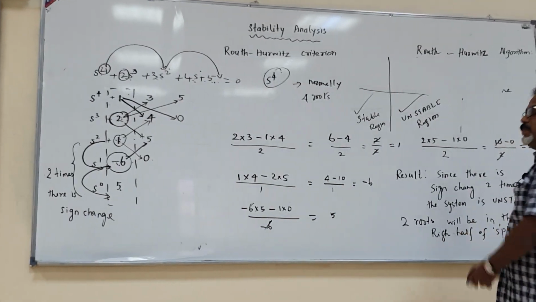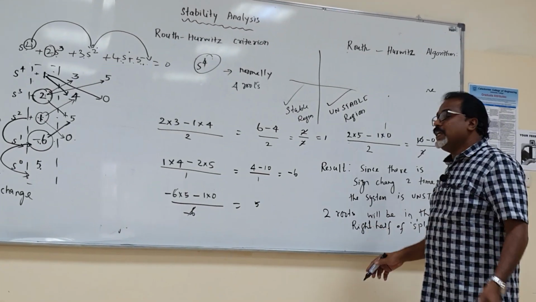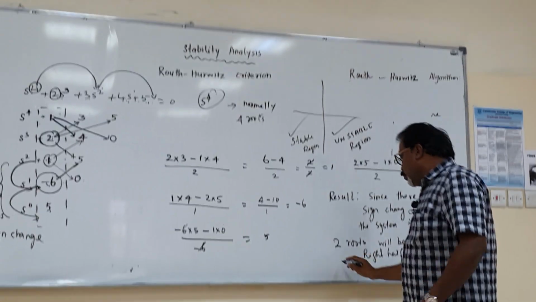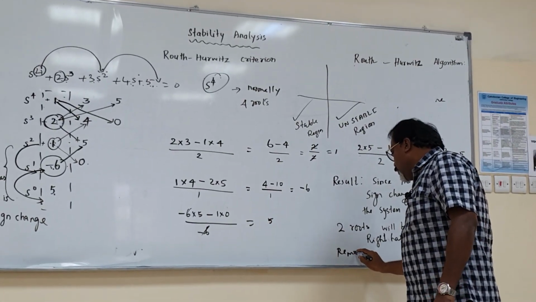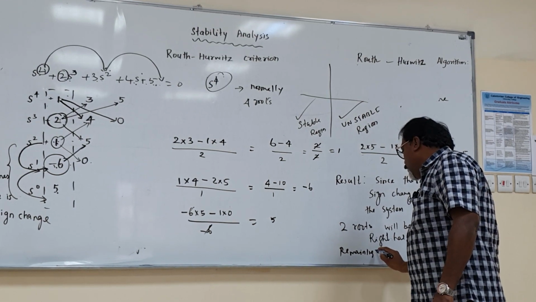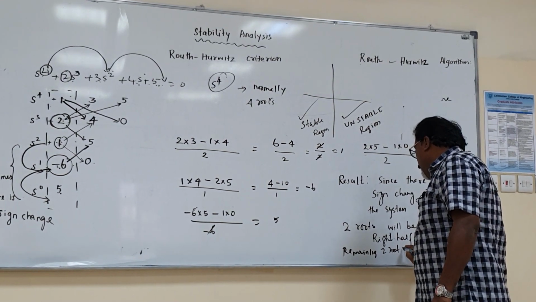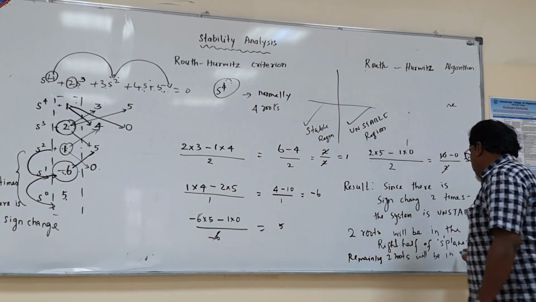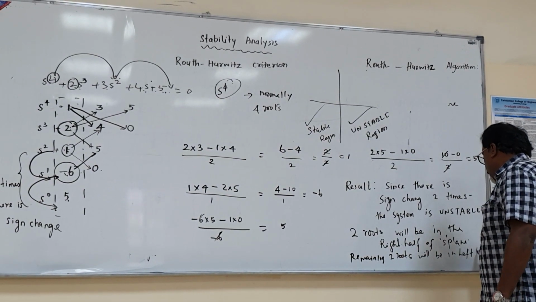So, 2 roots will be in the right half of the S-plane, which means the remaining roots, how many roots? 4 minus 2, the remaining 2 roots will be in the left half of the S-plane.